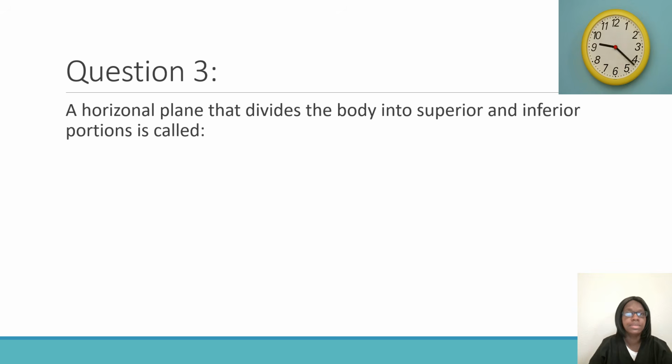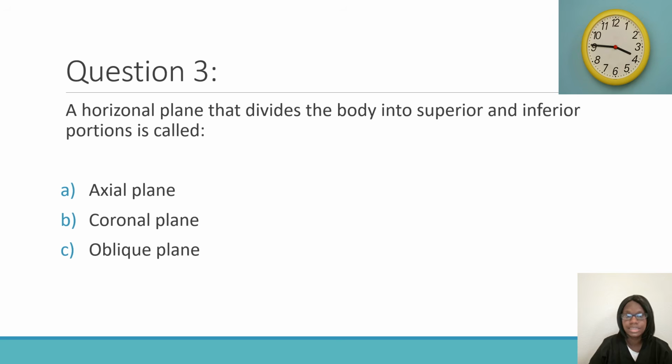Question 3. A horizontal plane that divides the body into superior and inferior portions is called A. Axial plane, B. Coronal plane, C. Oblique plane, or D. Sagittal plane.